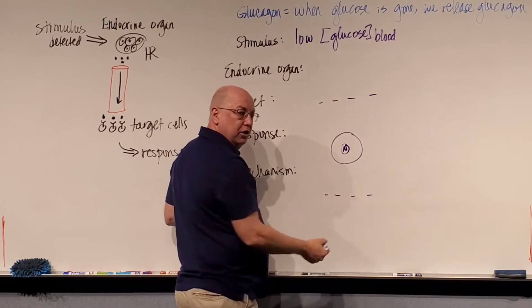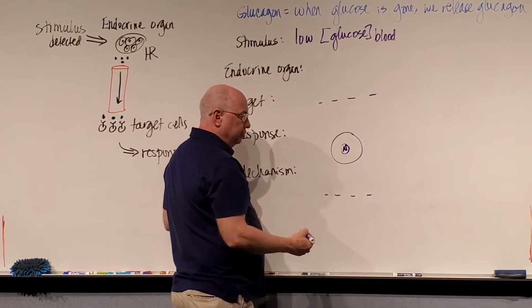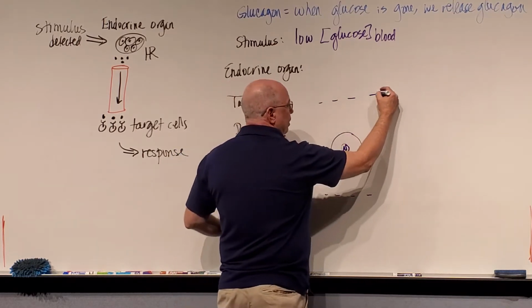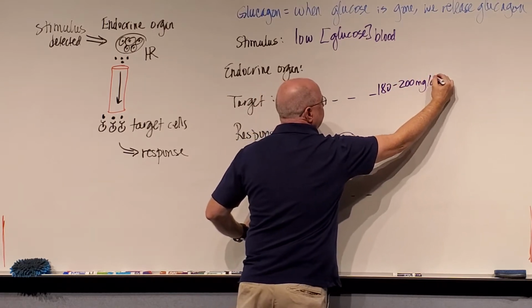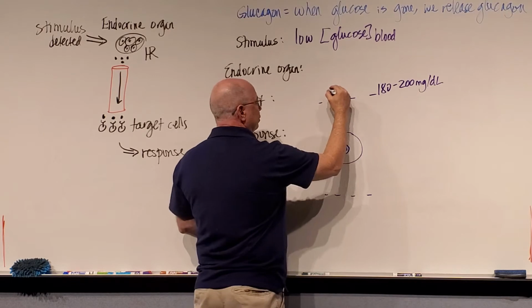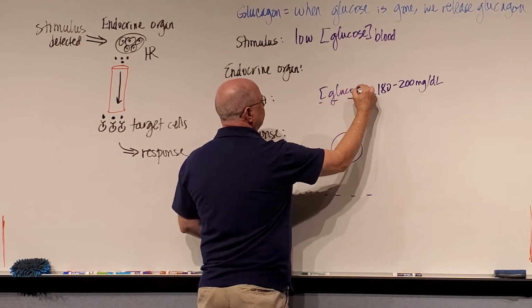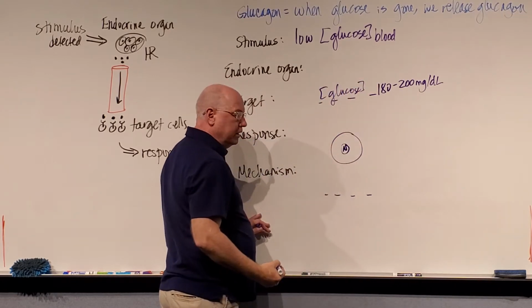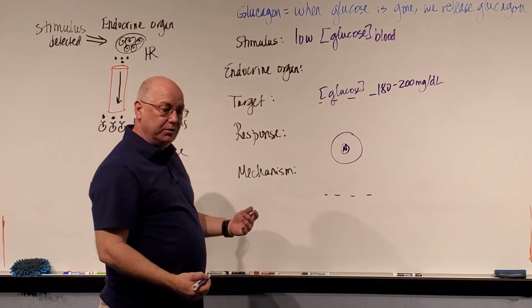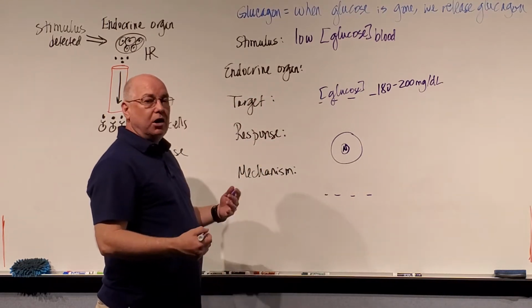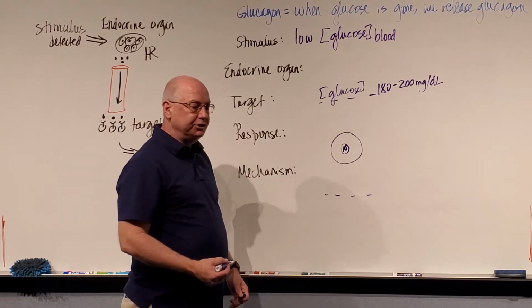Too high and too low are a bad thing. Normally, somewhere around 180 to 200 milligrams per deciliter of glucose is too high. But when we get down to less than 100 or less than 80, our cells don't have the ability to make energy.